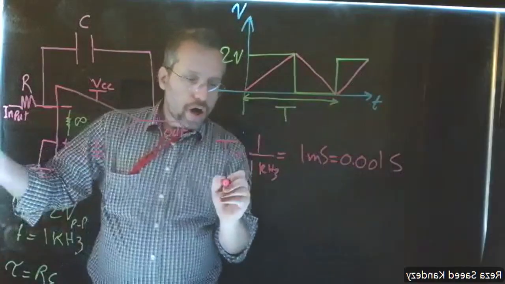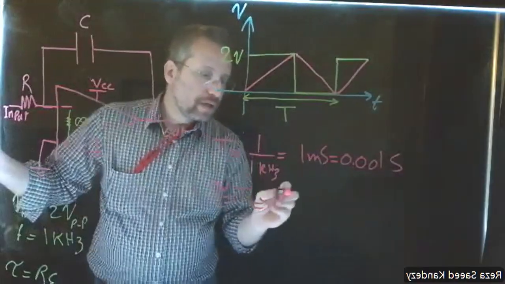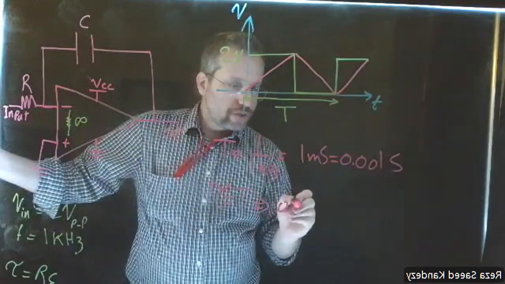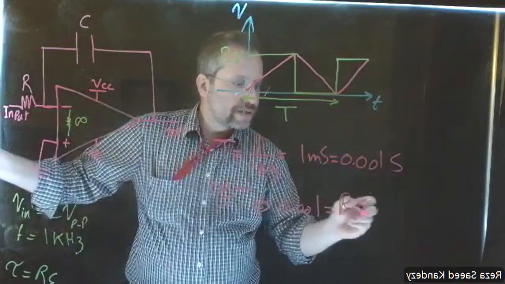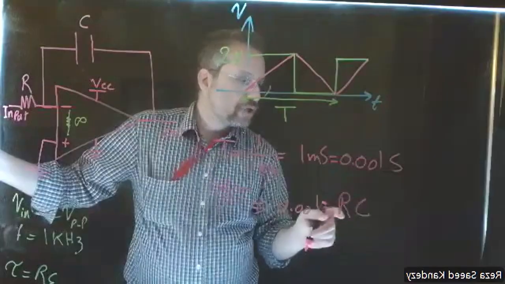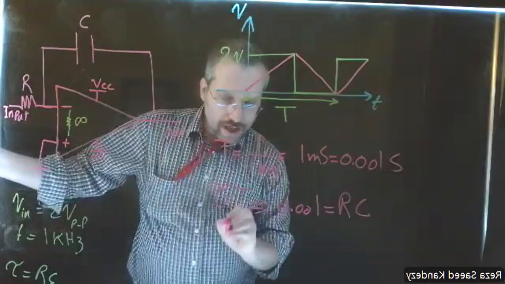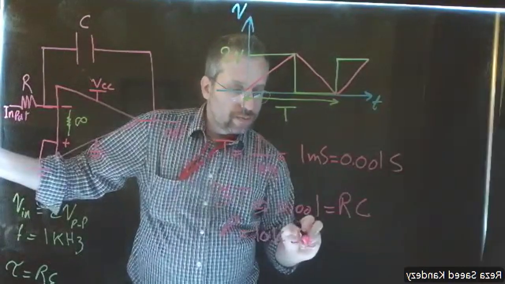So tau should be equal to T, meaning 0.001 second should be equal to RC. Now, we choose an R, this is easy. We choose a specific R for our circuit. I'm going to say R is equal to 10 kilo ohm.